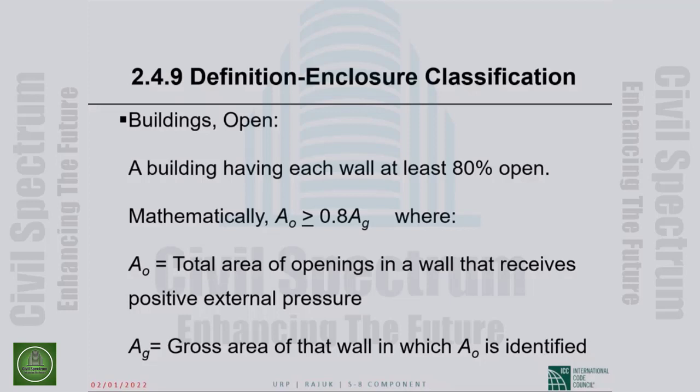So enclosure classification. I described the classification to you: open, enclosed, partially enclosed. The technical definitions are given here. I am going to skip them because they, in my mind, are not as important as the definitions that I gave you.